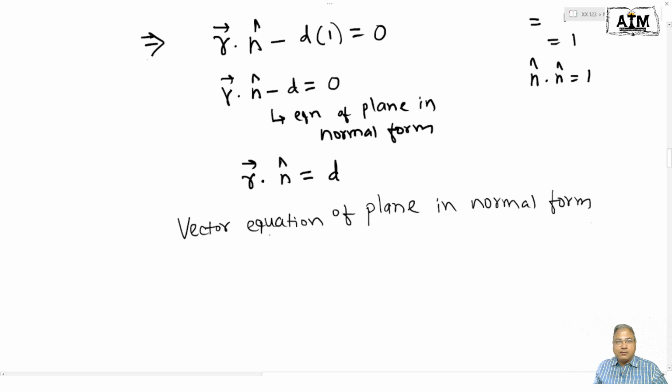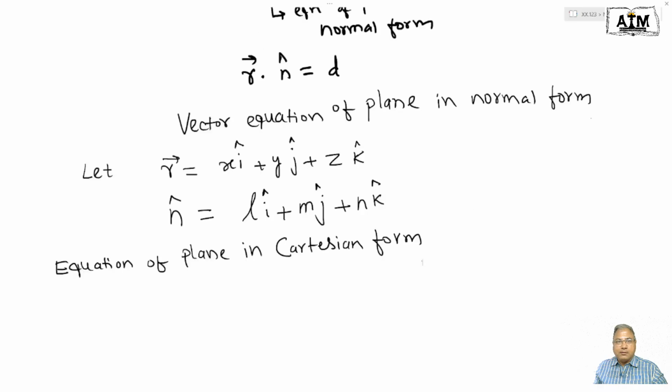The same equation we can convert into Cartesian form. To find the equation of plane in normal form, let us say vector r equals xi plus yj plus zk and n cap equals li plus mj plus nk, where l, m, n are nothing but the direction cosines of the unit normal.